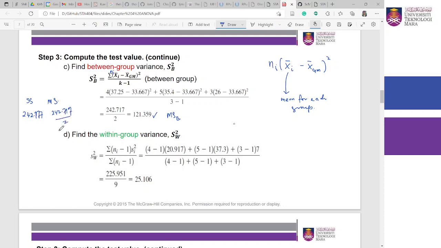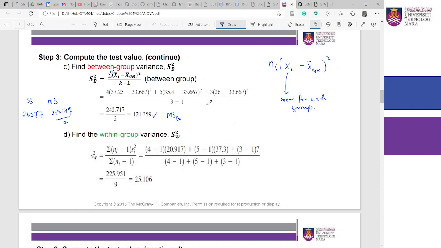Ni kalau tengok dalam table nanti, you kena betul-betul hati-hati. So kita ada dalam table nanti kita akan tengok dia ada sum of square dengan mean square. So mean square yang kita bahagikan dengan dia punya degrees of freedom. Okay, sum of square divided by degrees of freedom will give you the mean square.